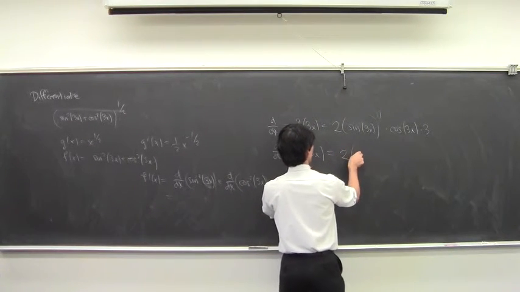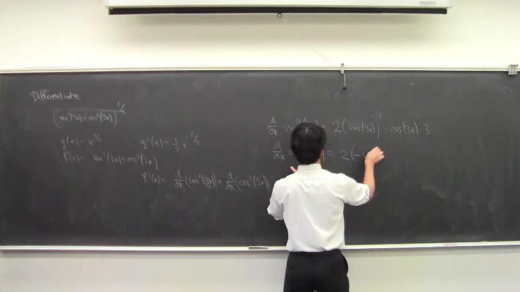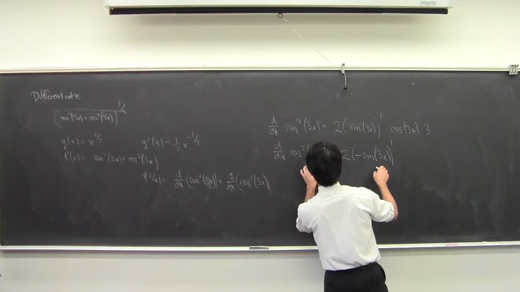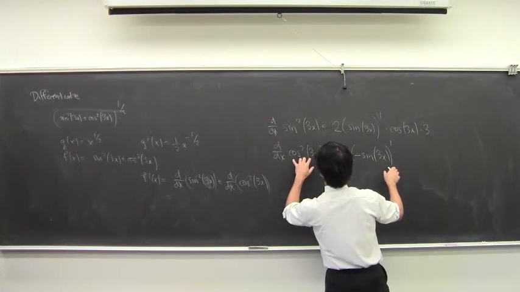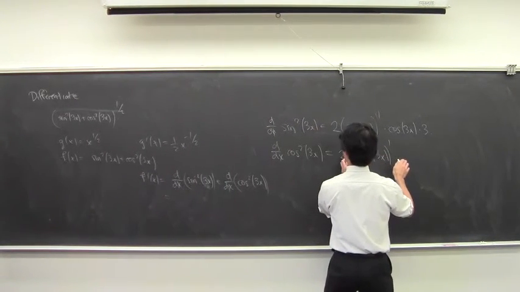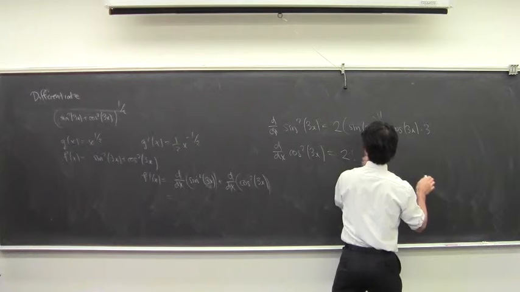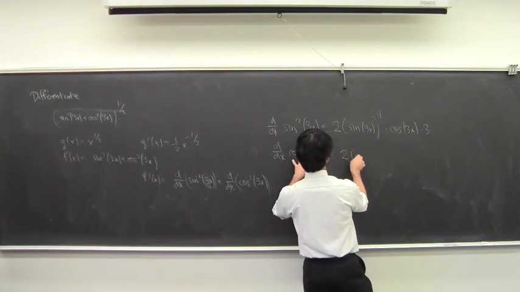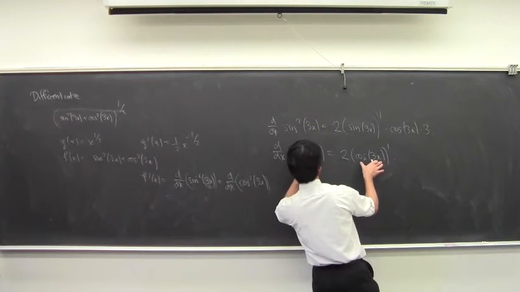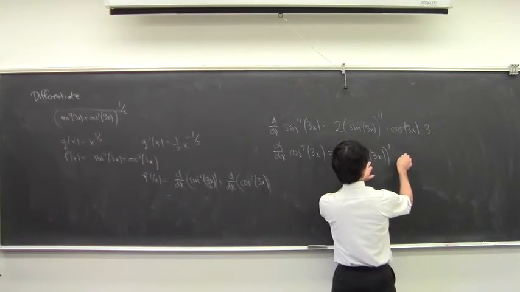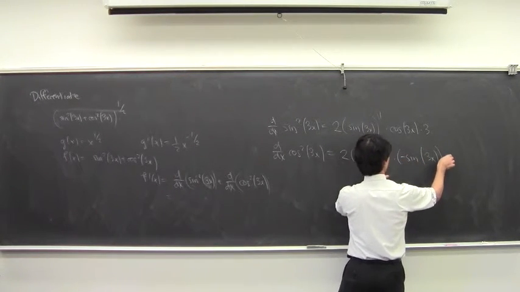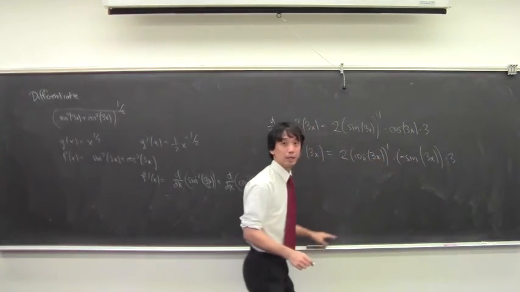So I get 2 times cosine 3x to the 1, times the derivative of cosine, evaluated at the inside guy, times, again, the derivative of the inside guy.